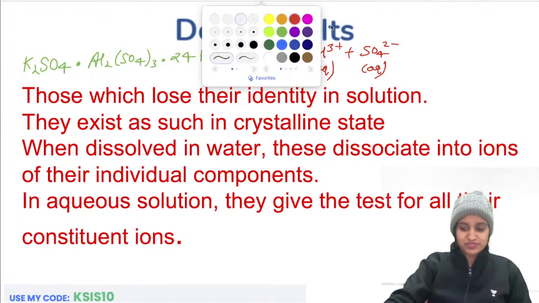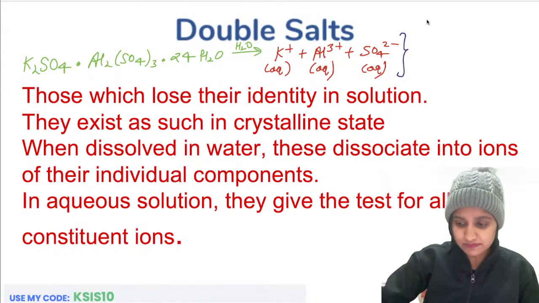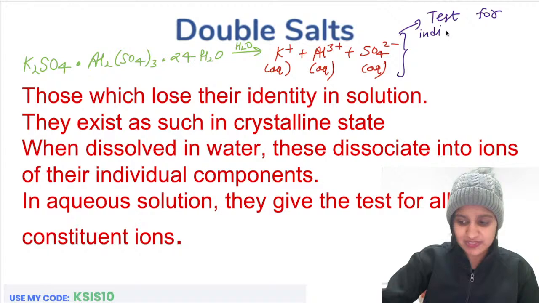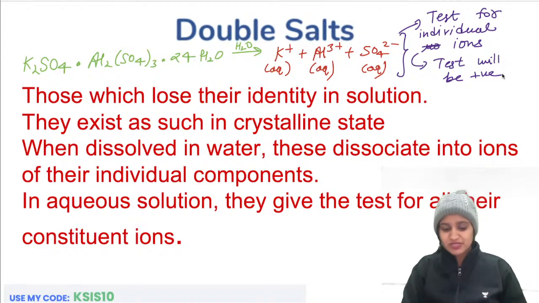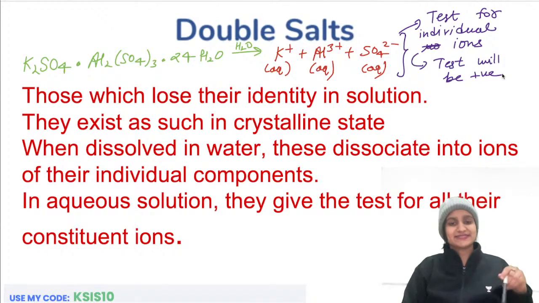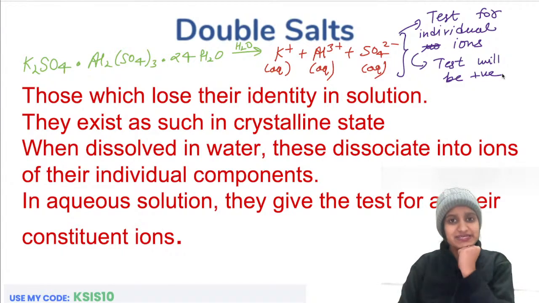And when you test for the individual ions, the test will come out to be positive. That is, the test will be true. So when your salt completely dissociates after mixing in water, basically your salt loses its identity.